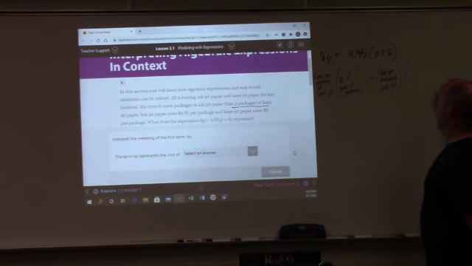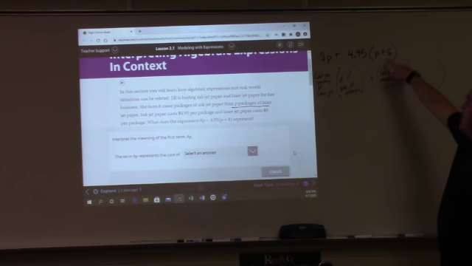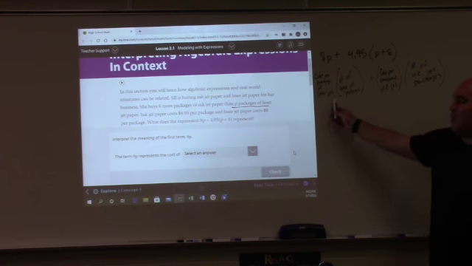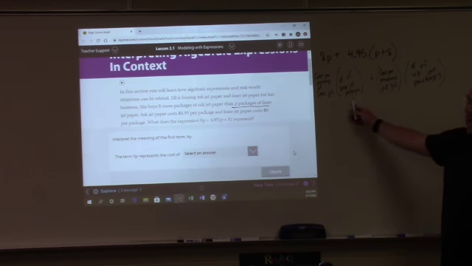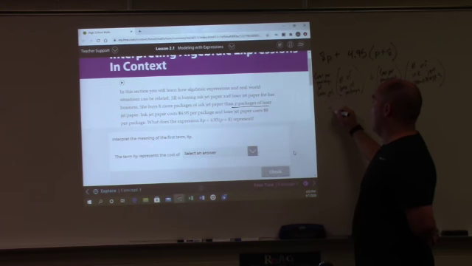And you have to multiply that by the P plus 8. Remember, it says she got 8 more inkjets than of the laser jets. So this is the number of inkjet packages. So if this is the cost per package and this is the number of packages, this is the total cost for the laserjet paper.